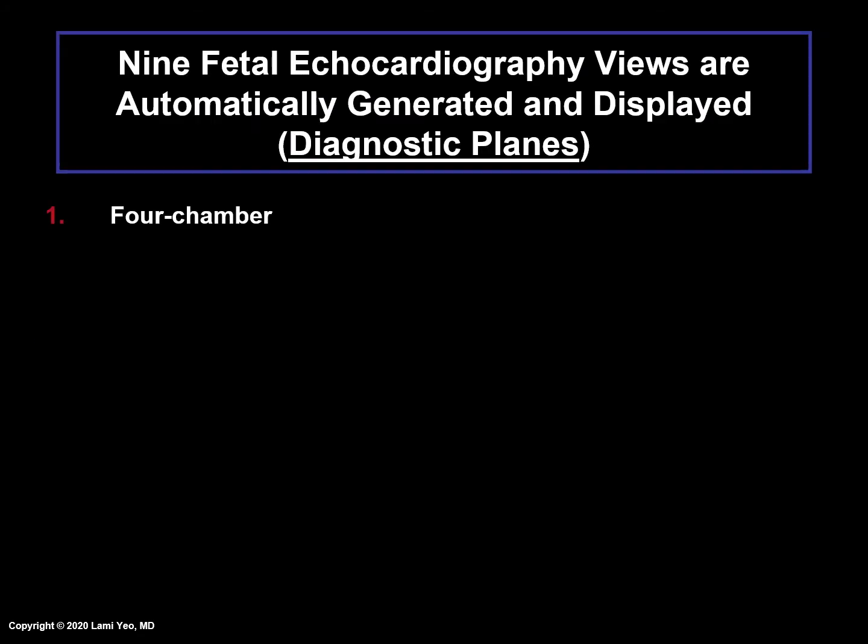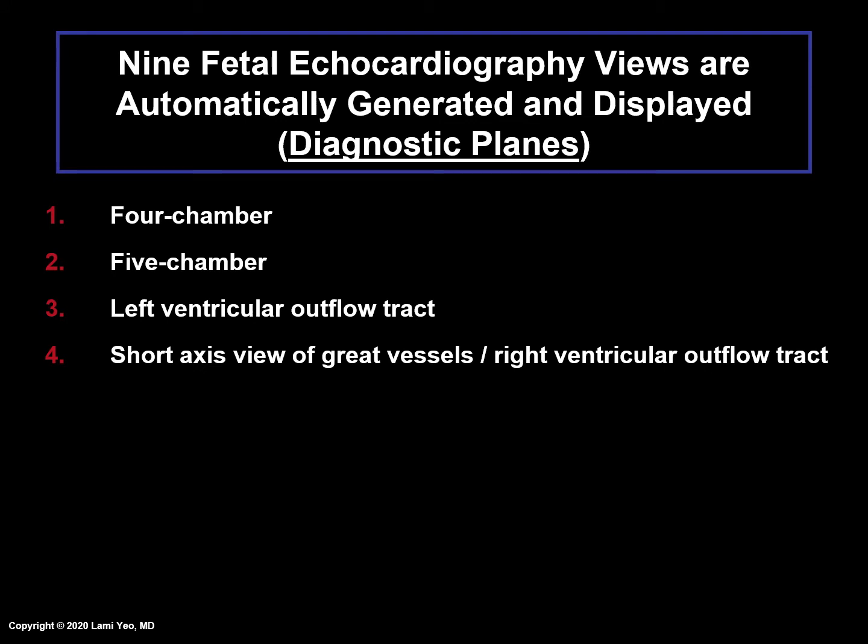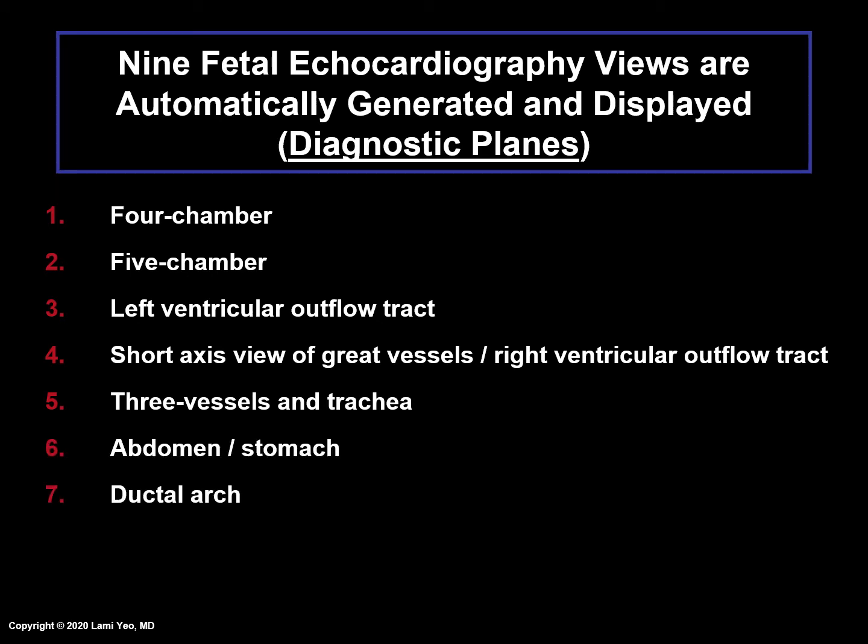We refer to the 9 fetal echocardiography views automatically generated and displayed by Fine as diagnostic planes, and they are the 4-chamber view, 5-chamber view, left ventricular outflow tract, short axis view of the great vessels, right ventricular outflow tract, 3 vessels and trachea view, abdomen, stomach, ductal arch, aortic arch, and the superior and inferior vena cava.